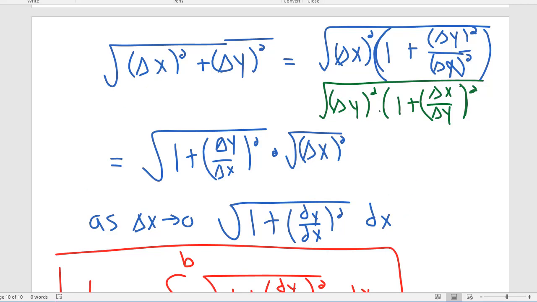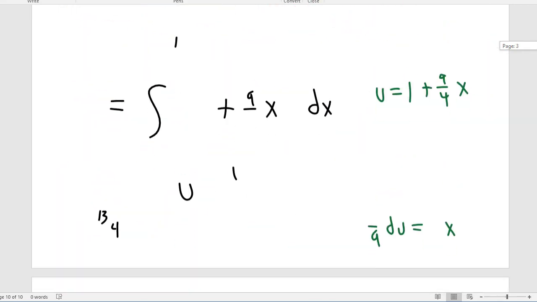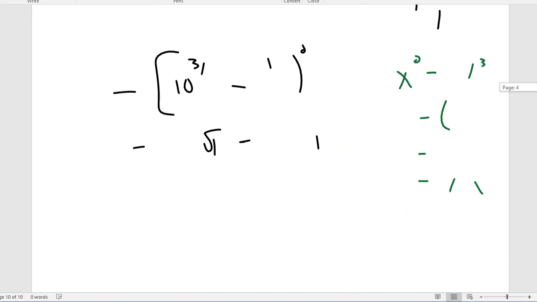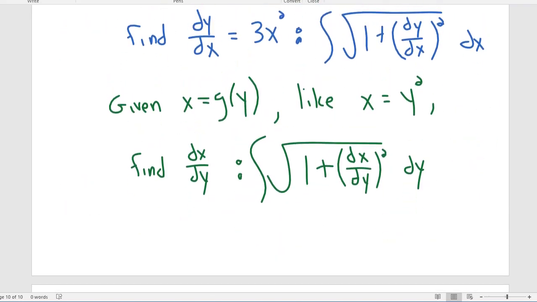Then the root of delta y squared is going to be a delta y. So we're going to basically get the root of 1 plus (dx/dy) squared, times dy, because I have this dy here. So we can actually use the distance formula with some algebraic cleanup one way or the other.